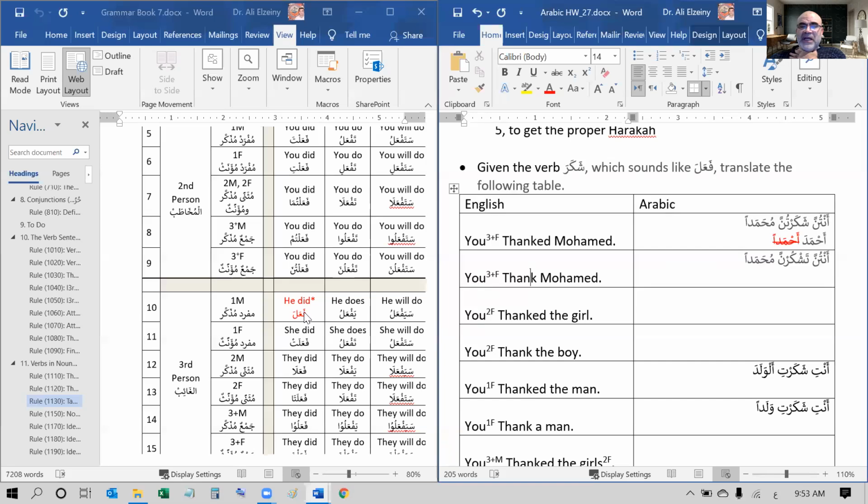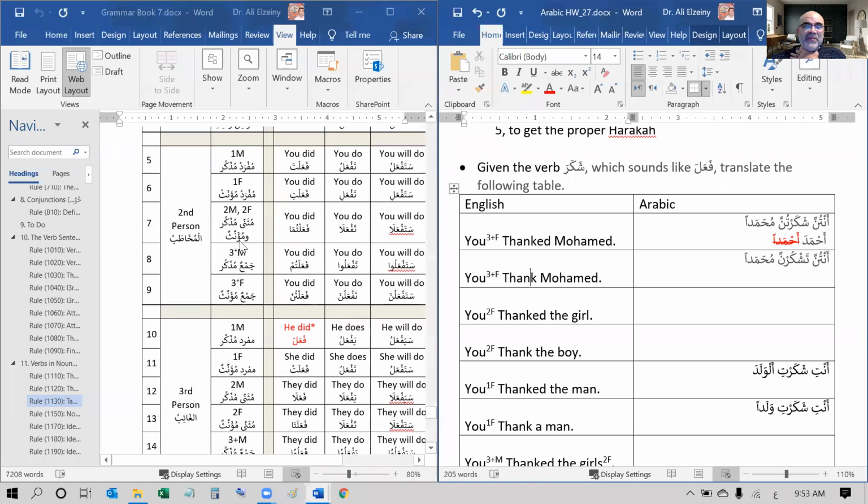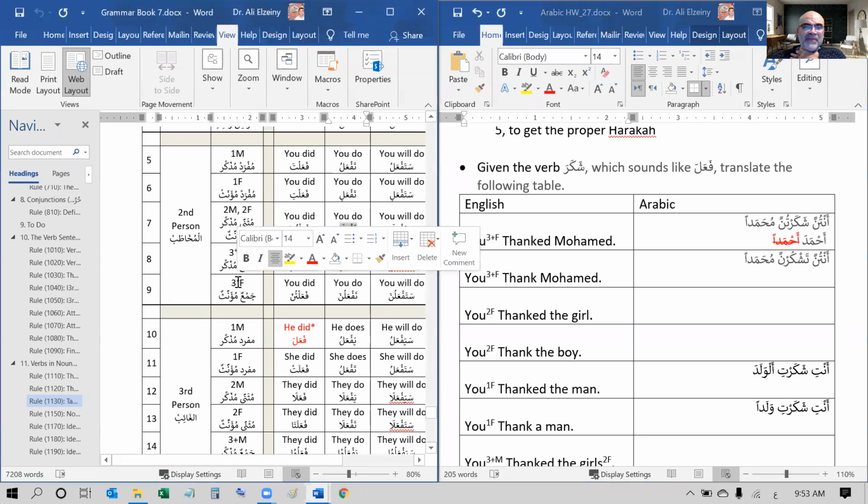So what I need is the present tense for 3 plus F. You, 3 plus F, present tense. Okay, so you is the second person. 3 plus F is right here.